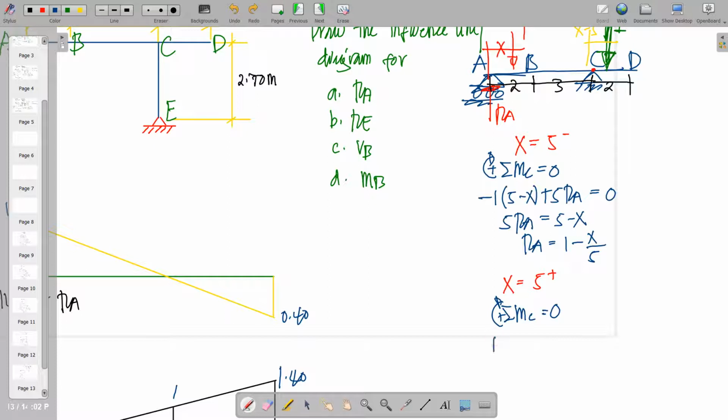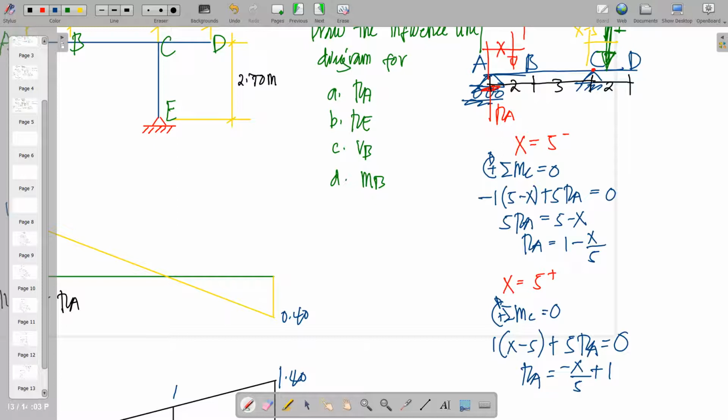So we have 1 times the moment arm, and then another clockwise 5 RA is equal to 0. So therefore, RA will be equal to negative x all over 5, plus 5 over 5, that is 1. Negative x over 5 plus 1.